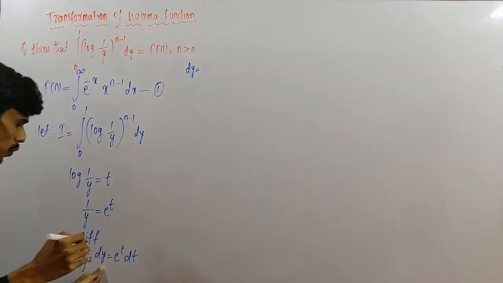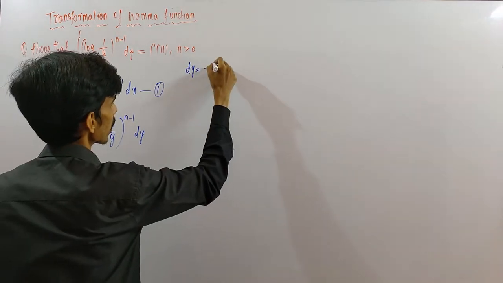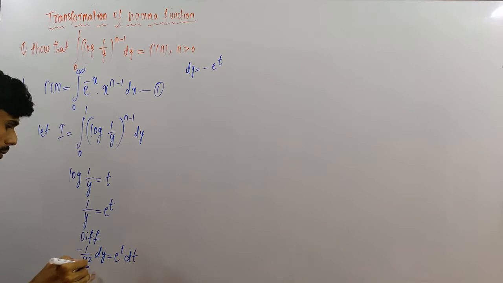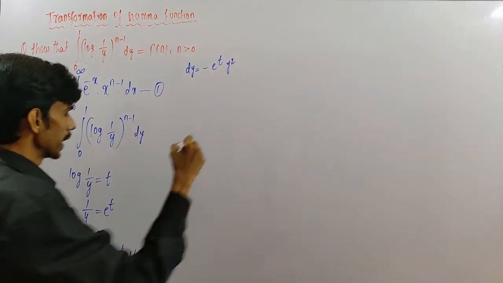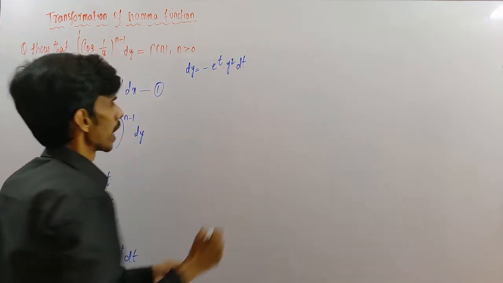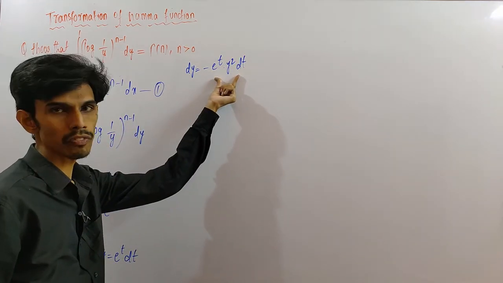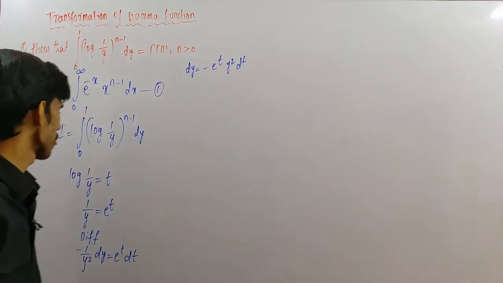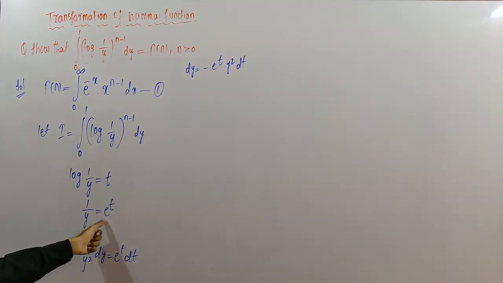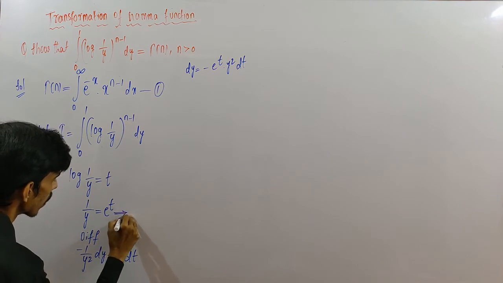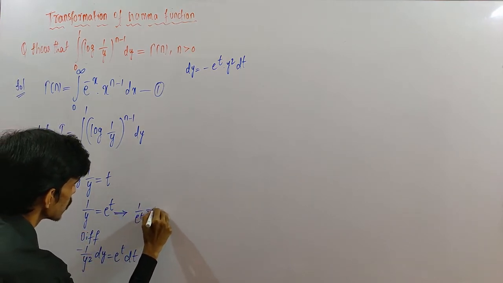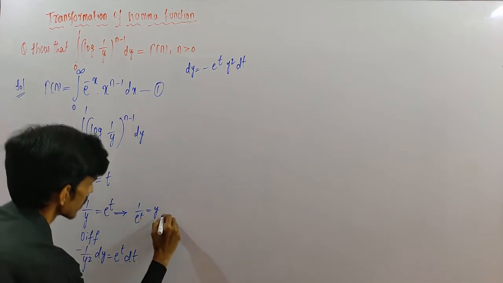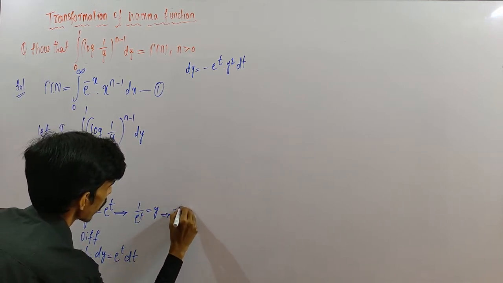Get the value of dy. Dy is equal to minus e power of t, cross multiply this y square here, we have y square dt. I want all this term in terms of t, so remove this y. Here we have 1 by y as e power of t. So from this, y is e power of minus t.